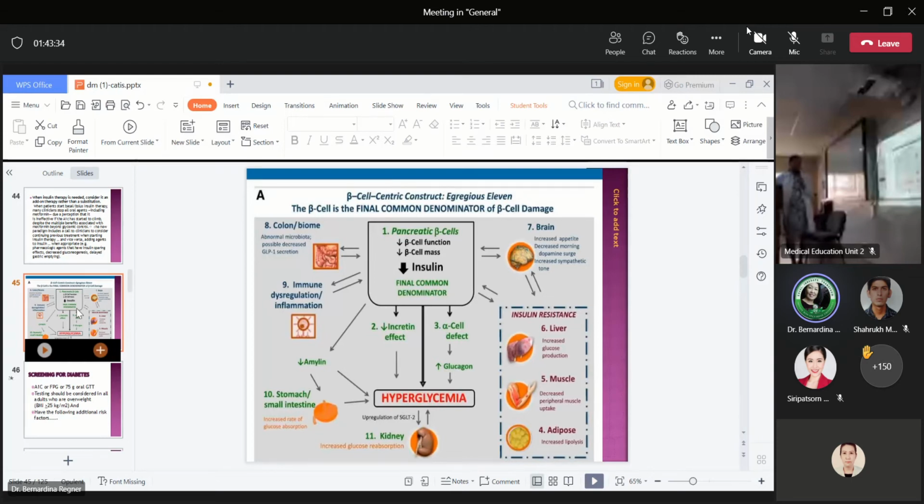And then in the kidneys, you have here increased glucose reabsorption or your SGLT2. Then you should use drugs that can inhibit this SGLT2 or your sodium glucose cotransporter 2. Very good.